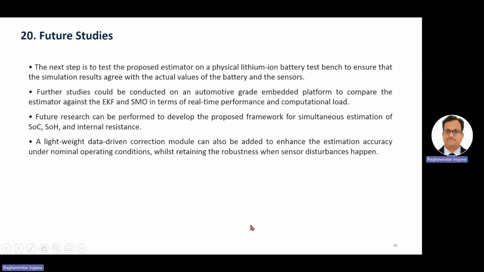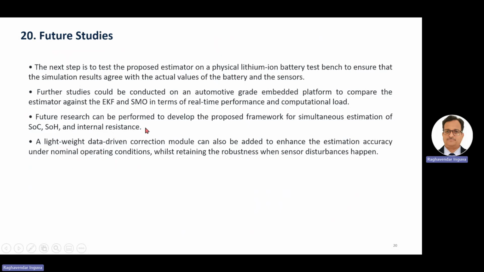Then the future studies, what this study can be further extended with, is by testing it on a physical battery. We can test it and get better results and validate the simulation results. Further studies could also be conducted on an automotive grade embedded platform to compare the estimator against the EKF and SMO in terms of real-time performance and computational load.